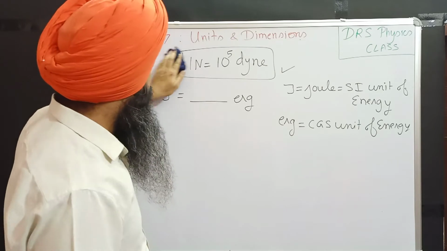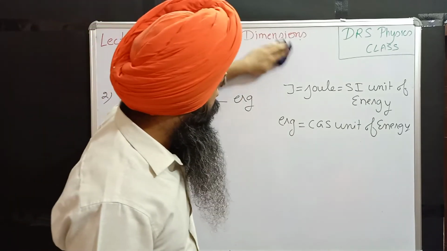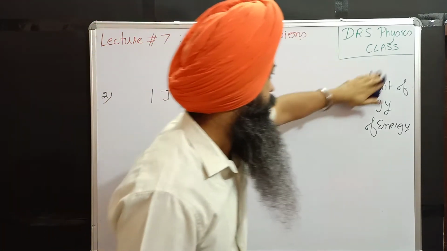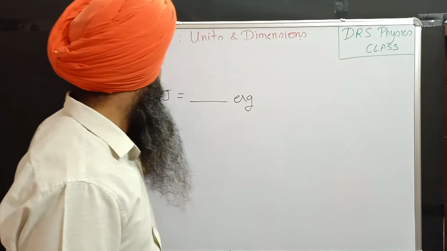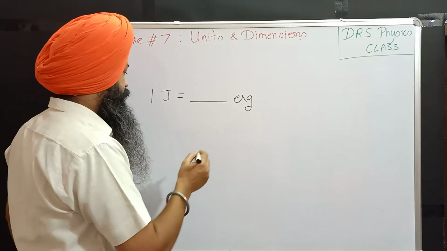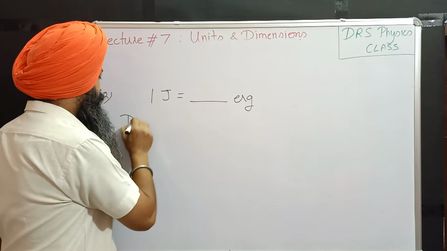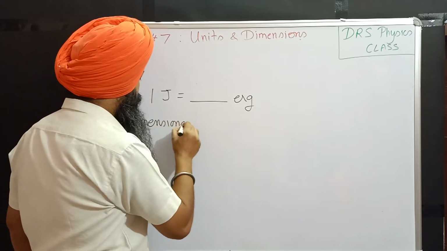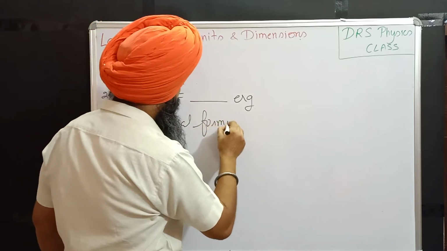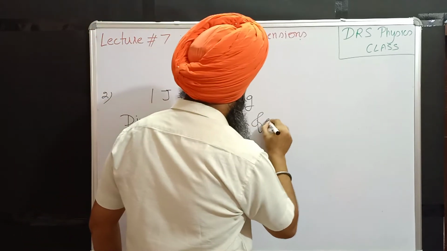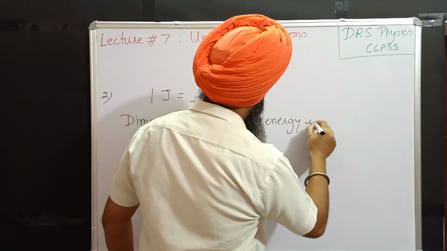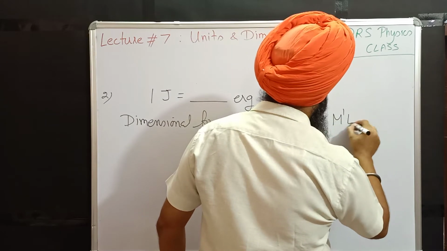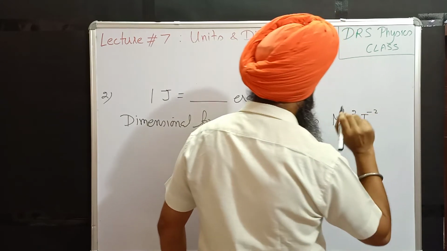Again, we will start exactly as in the previous problem. This is just to keep in mind, not to write here. What is given here? First of all, we say that the dimensional formula of energy is M1 L2 T minus 2.